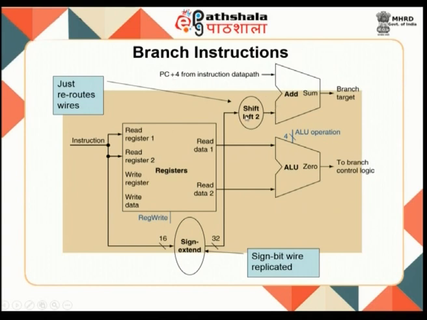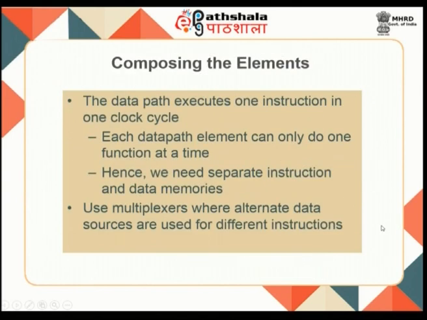This does the addition operation and gives you the branch target. Now, it is either this branch target or the PC plus 4 value that will have to be loaded into your program counter. The shifting operation just reroutes the wires, that is all. The sign extension is nothing but the replication of the sign bits, and the ALU unit here decides whether the comparison of the 2 registers is the same or not, whether the 0 condition is satisfied or not.